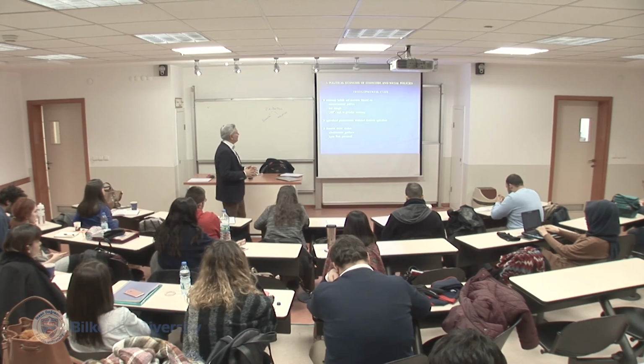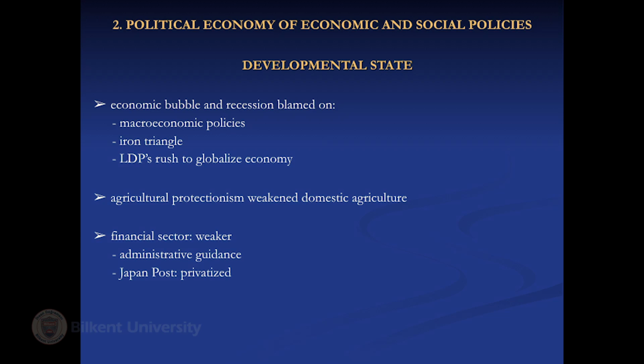Okay, what happens to the developmental state? What happened was, in the mid-1980s, 86 to 91, asset prices in Japan had been rising. So we're not talking about commodities, but we're talking about real estate prices. So the prices had been ballooning, had been expanding, had been increasing.